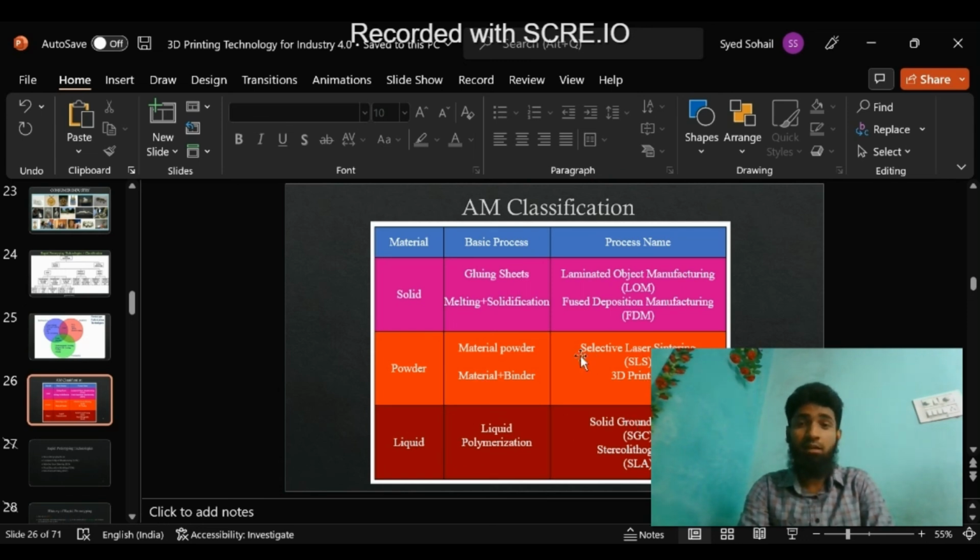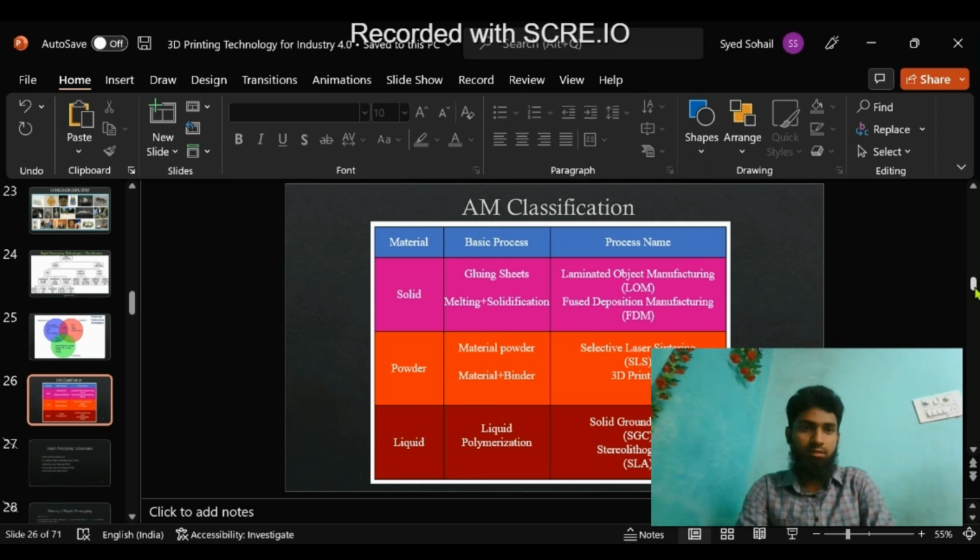Selective laser sintering and 3D printing rely on material powder, and you bind the powder with the help of some binding agent so that a solid model is created. In terms of solid, you are gluing sheets, or melting and solidifying, as in fused deposition modeling. You melt the polymer, and each layer is joined to another by fusion. This is how one layer is created, and then the other layer is created again. Laminated object manufacturing also involves gluing of sheets.